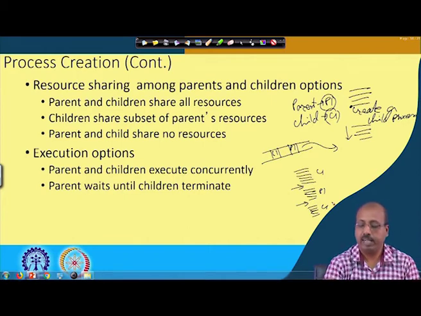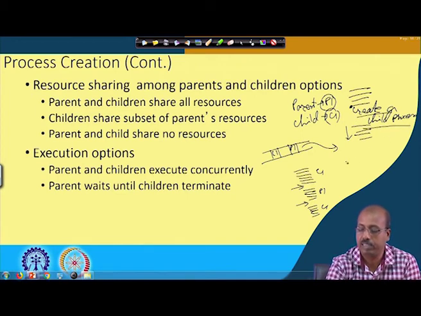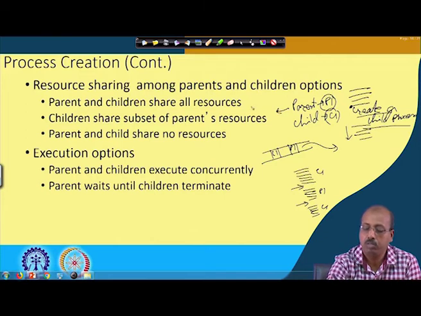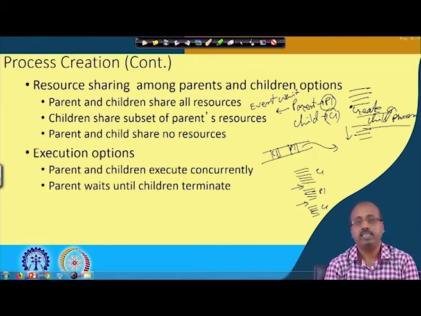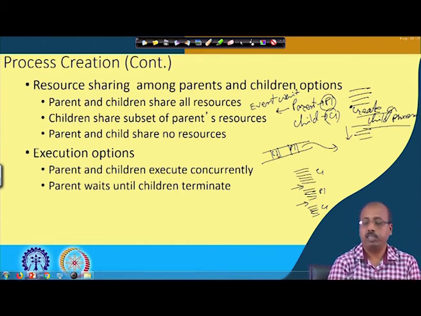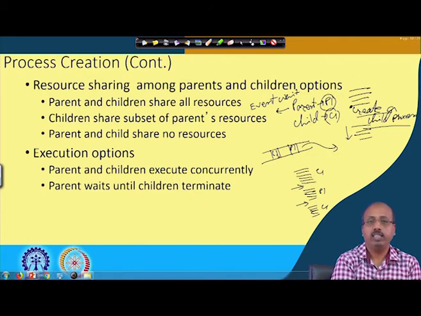Other possibility is that once P1 has created the child, it waits for this child to be over. So, as soon as the child process is created, the parent process P1 is put into some event wait state, waiting for the child to be over, and only when the child gets over, then P1 will be taken back from that wait state and put back onto the ready state.